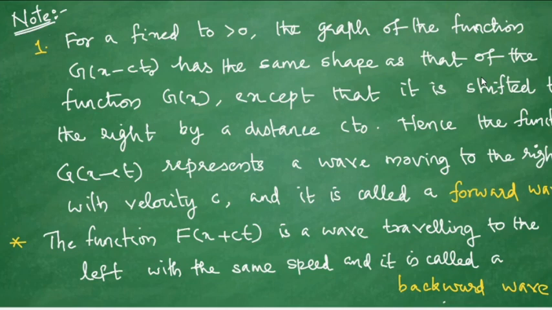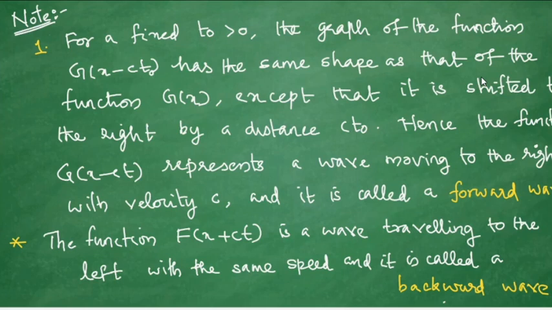That means the graph of g(x - ct₀) is the same as the graph of g(x), shifted to the right by a distance of ct₀.